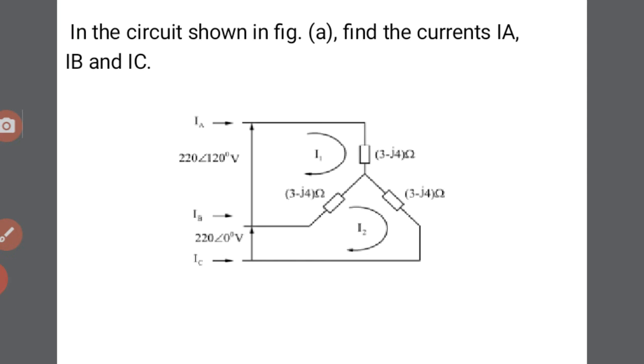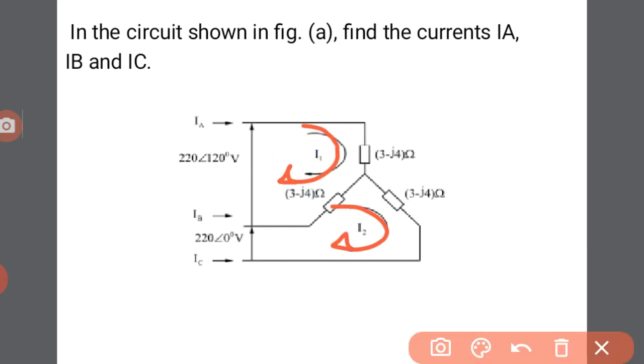Here two loops exist, loop 1 and loop 2. Again, write down the loop equations directly by the inspection method, using the self impedances.